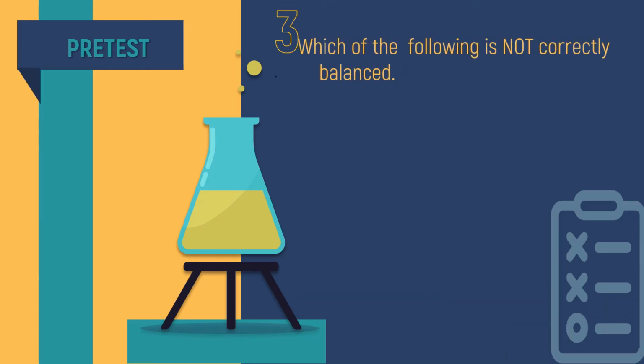Number 3. Which of the following is not correctly balanced? A. Nitrogen gas reacts with 3 moles of hydrogen gas, forming 2 moles of ammonia. Letter B. 4 moles of iron reacts with 3 moles of oxygen gas, producing 2 moles of iron(III) oxide.